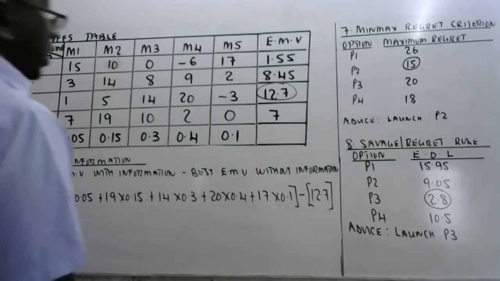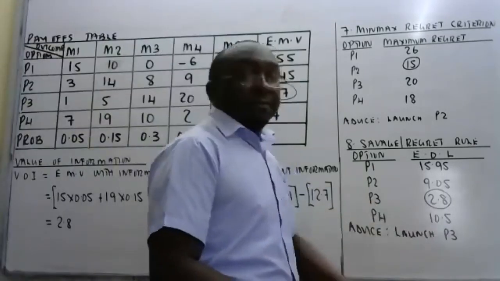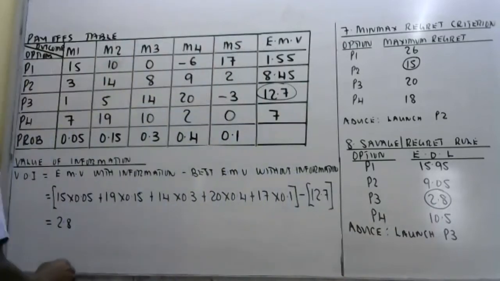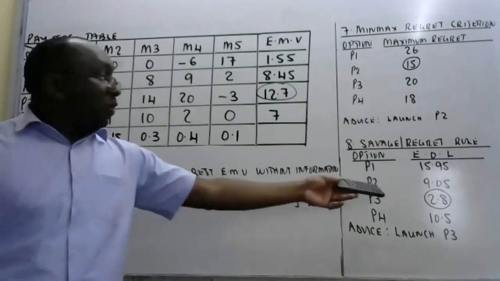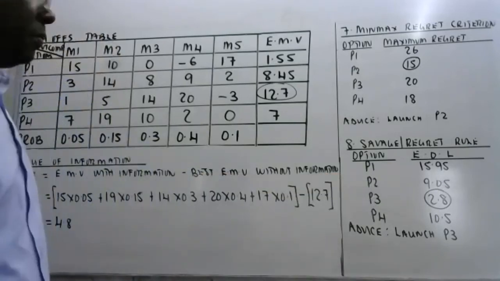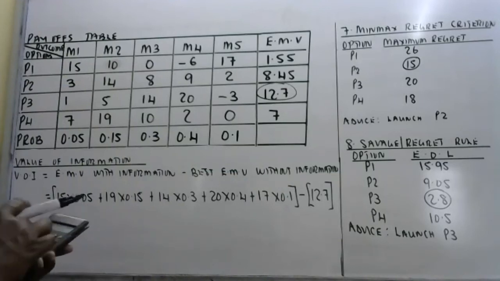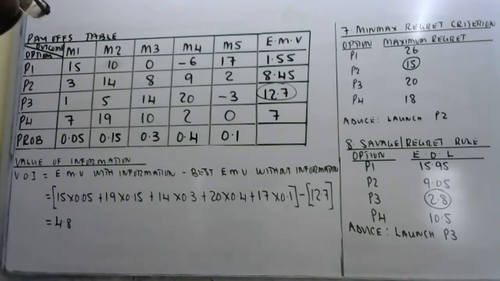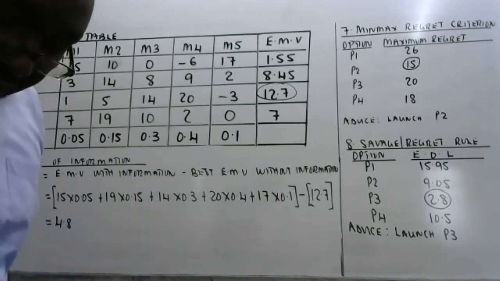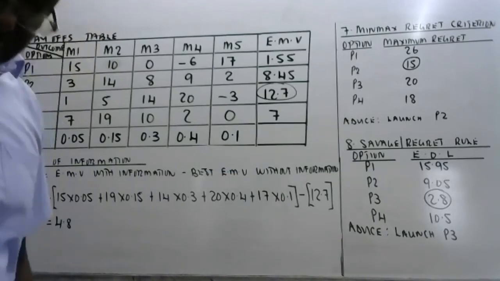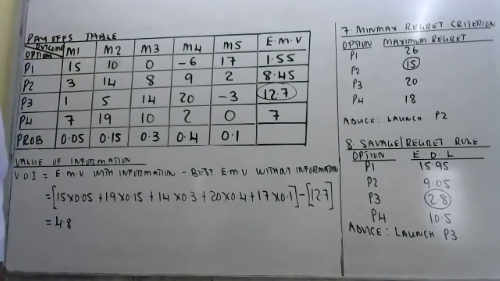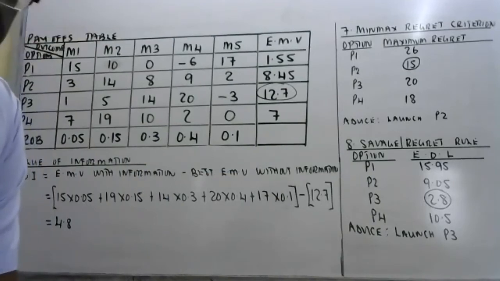I really hope this one was computed well. So this is giving me 4.8. Maybe you can recheck whether that one was computed well, because they should agree. So that is how you compute a value of information. So are we together at that point?